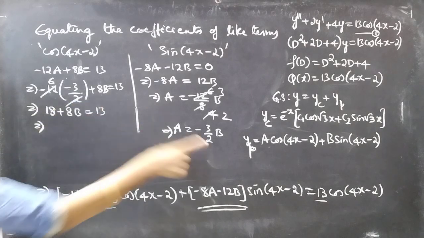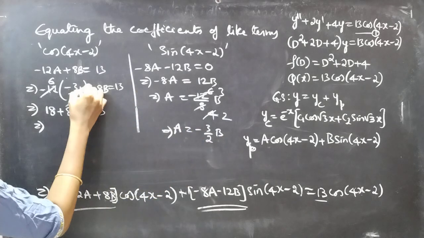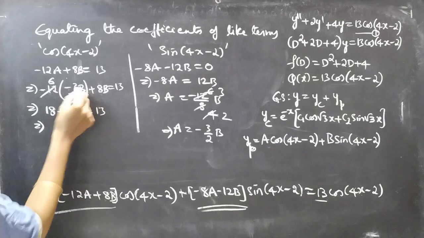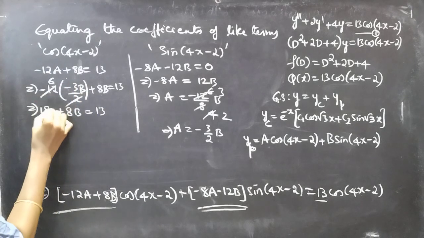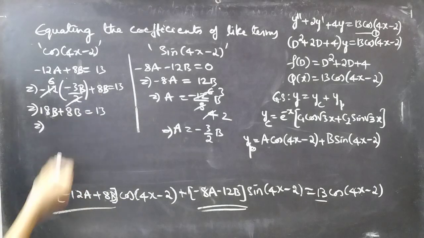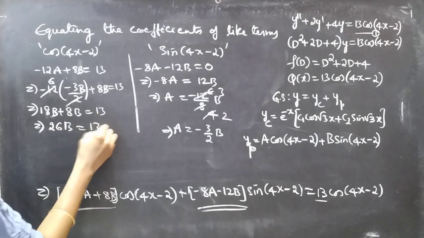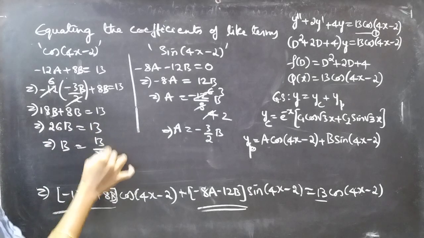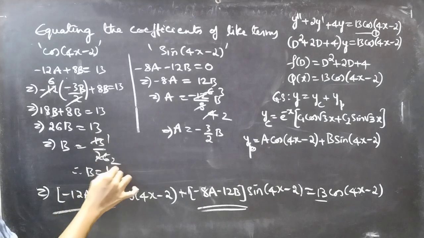A equal to minus 3 by 2 into b, so you'll get b here. Minus into minus plus, it's 18b. 18b plus 8b equal to 13, which gives us 26b equal to 13, which gives us 1 by 2. Therefore, b equal to 1 by 2.